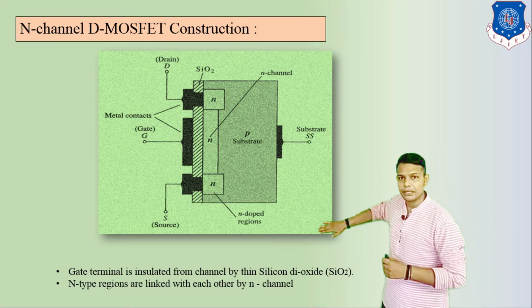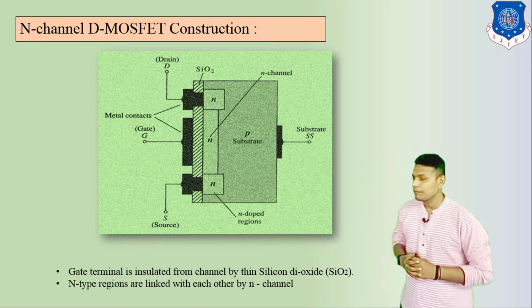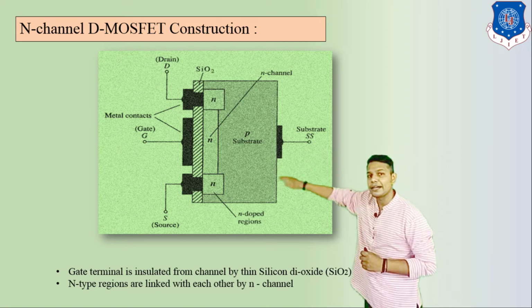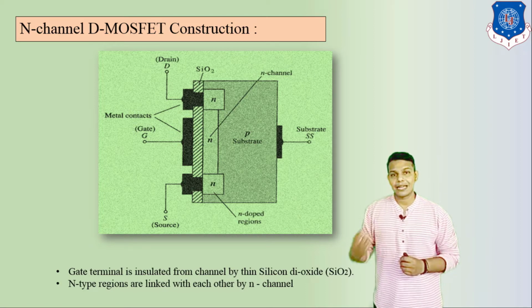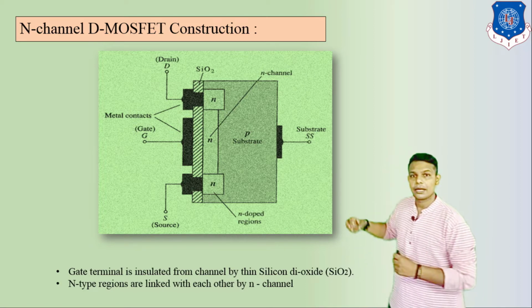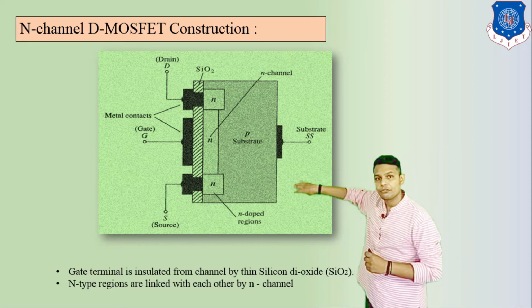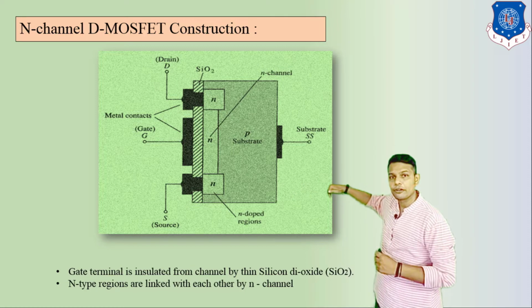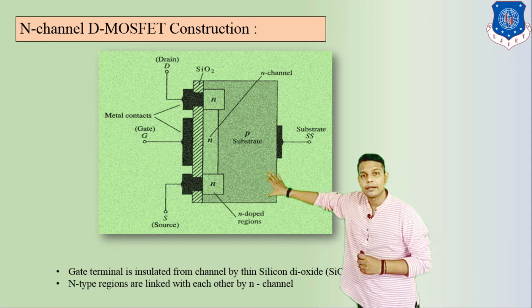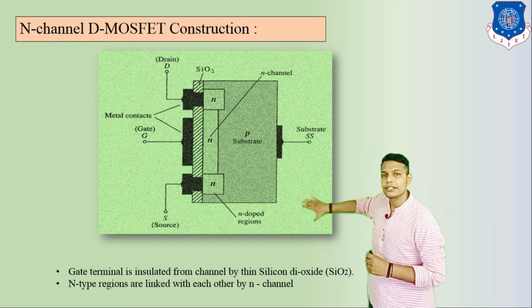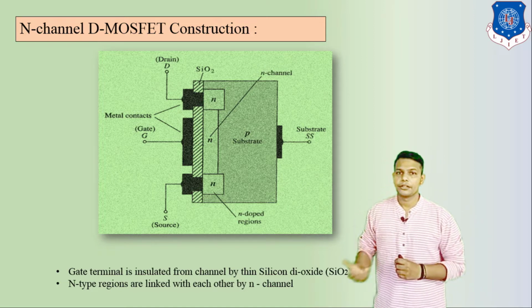So metal is clear. After this, O means oxide, because here this line represents silicon dioxide. Silicon dioxide is an obstacle, a layer which divides the gate terminal and the N type region. Here we can see this side is not connected directly with the N type region.